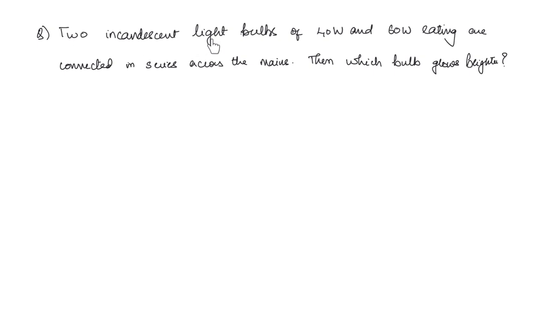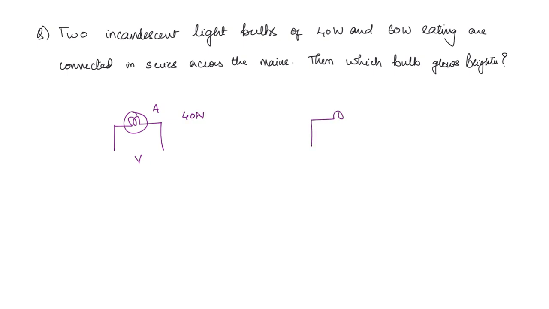Two incandescent light bulbs of 40 watt and 60 watt rating are connected in series across the mains. Then which bulb glows brighter? So first you can visualize this. There is one bulb, let us take it to be bulb A. When the specified voltage is given, then it will give out 40 watts of power.